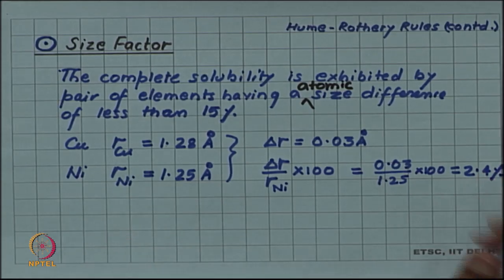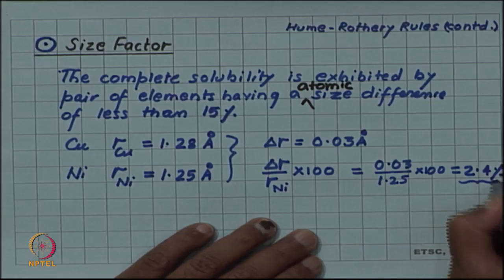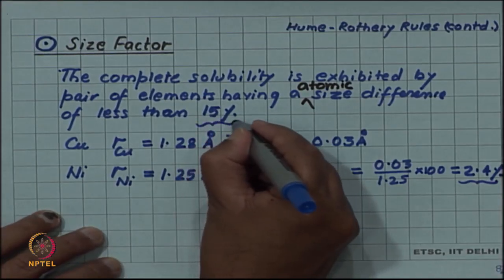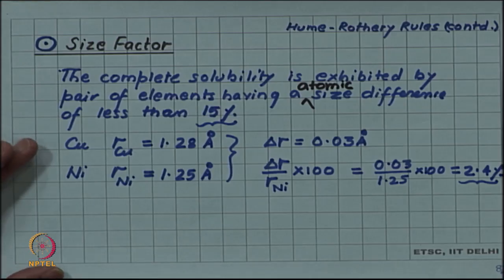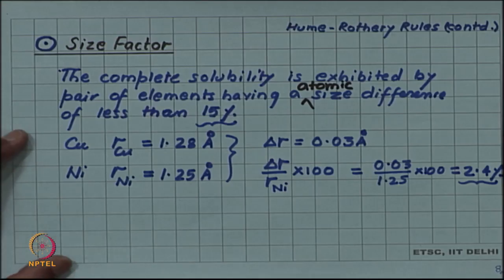So, you can see that 2.4% is much less than the 15% specified by Hume-Rothery. So, we expect that they should form a complete solid solution, and in this case it is true also.